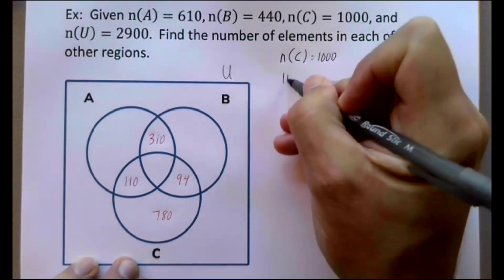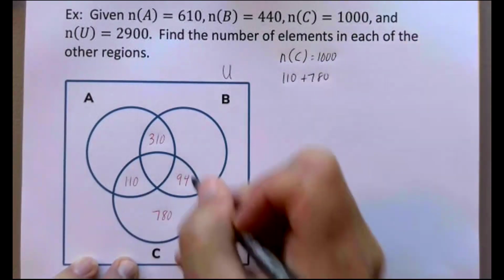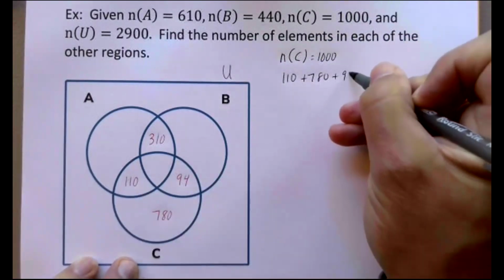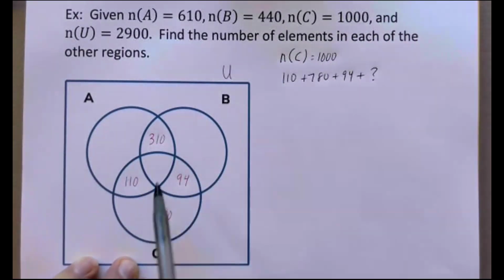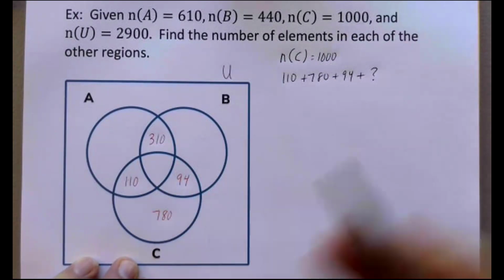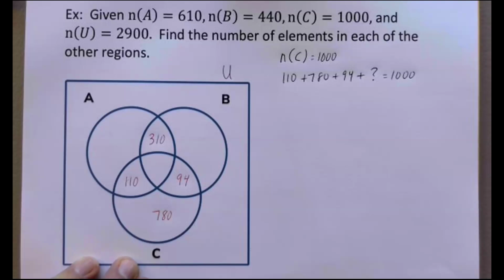That means that 110 plus 780 plus 94 plus whatever that middle number is going to be. When I put that question mark, I'm referring to that right now. It means all that stuff has to add up to 1,000. That's what that means.